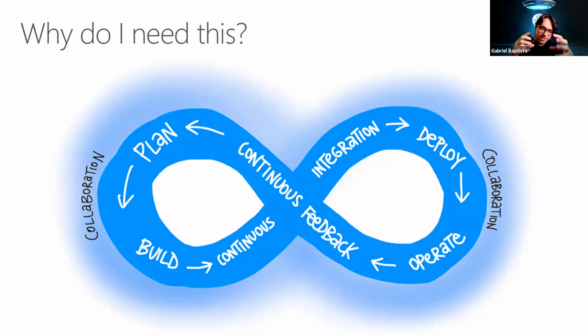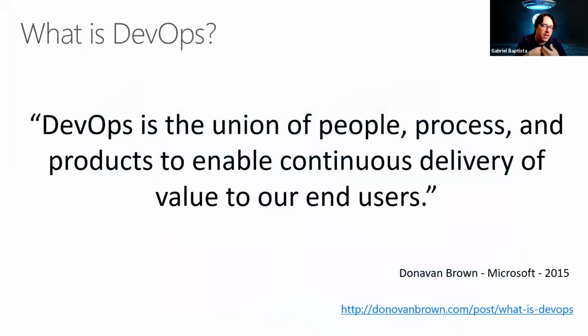We need to understand as developers how to monitor our production, because probably we're going to work in a DevOps scenario, and in this scenario, we need to deliver continuously value to our end users. Right? That's the reason why we're talking about continuous monitoring today.